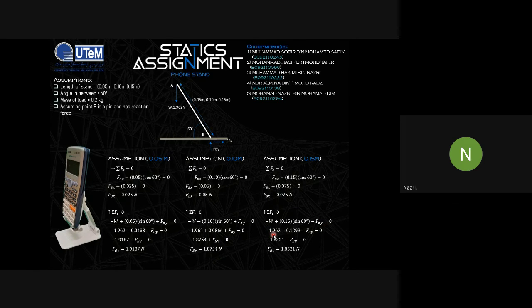And then minus 1.962 plus 0.1299 plus reaction force B in the y-axis equals 0. After the calculation, negative 1.8321 plus reaction force B in the y-axis equals 0.